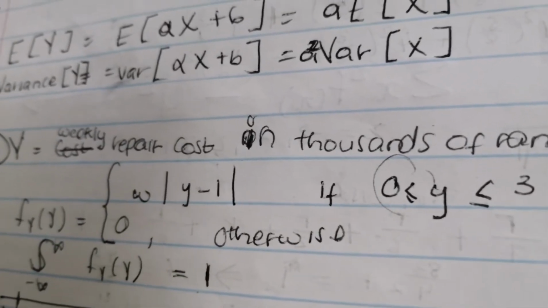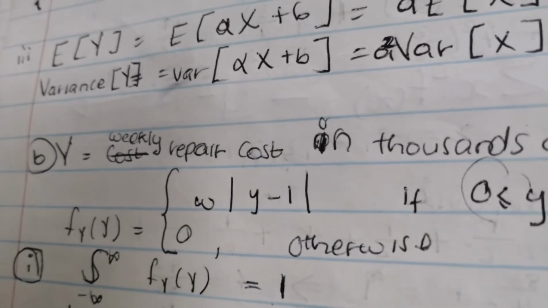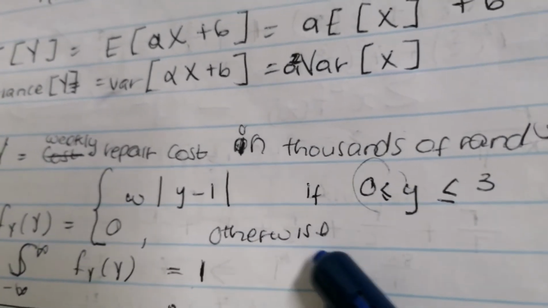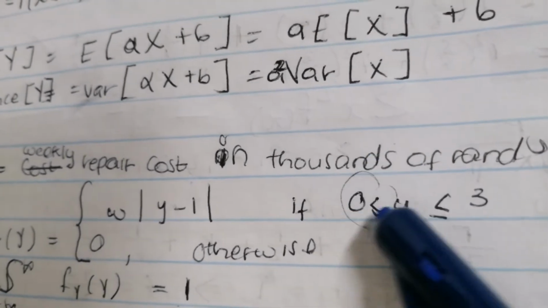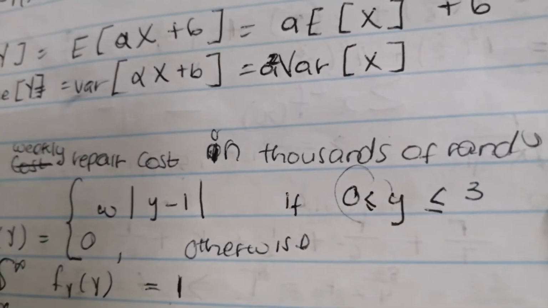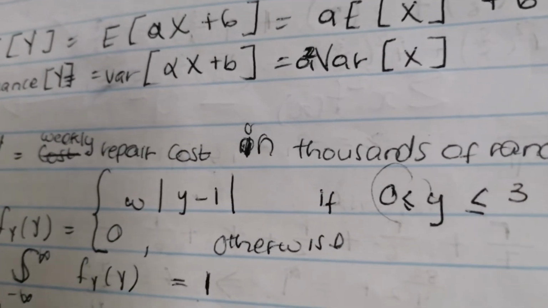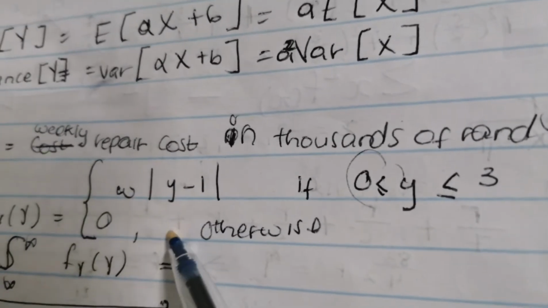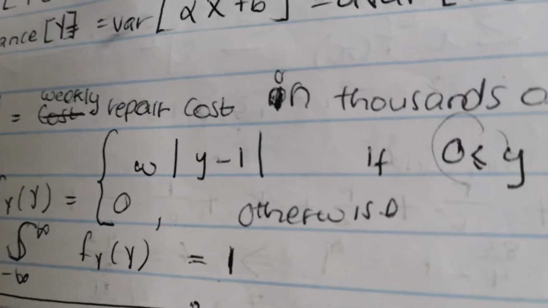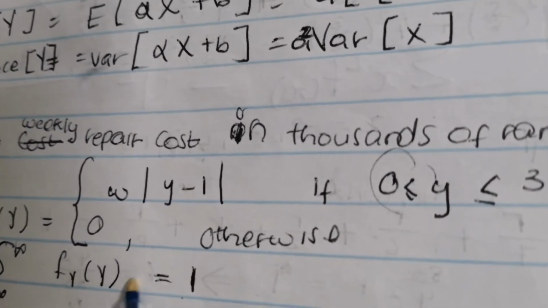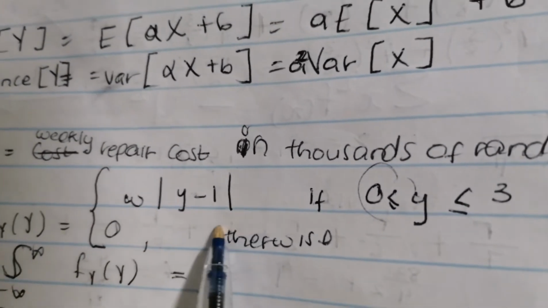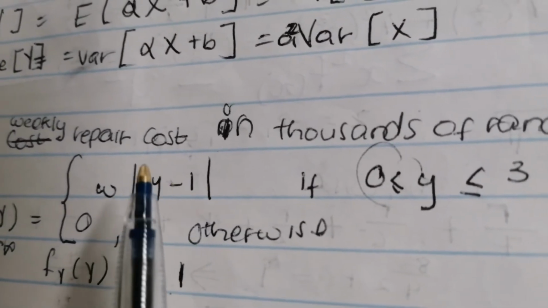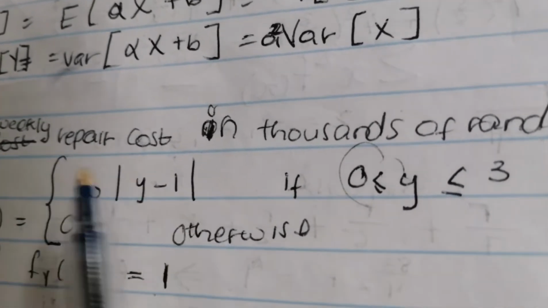For the continuous random variable, they've given us that our probability density function is this, and it applies for y greater than or equal to 0 and less than or equal to 3. So we should first find w, which is the unknown. For this equation, you can see that for values where y is less than 1, you will get a negative value.